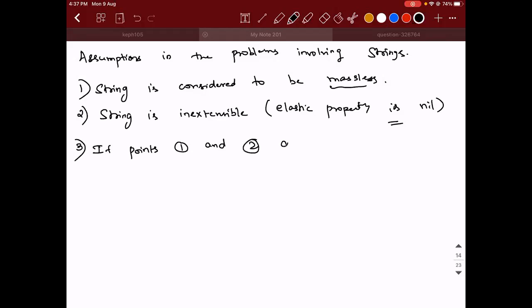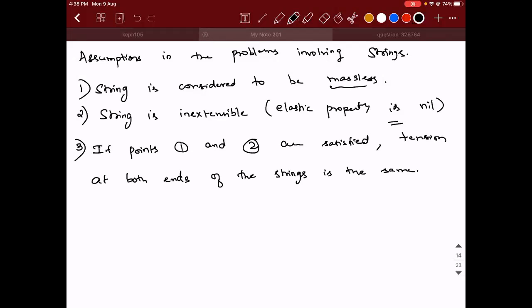then the tension at both ends of the string is the same.